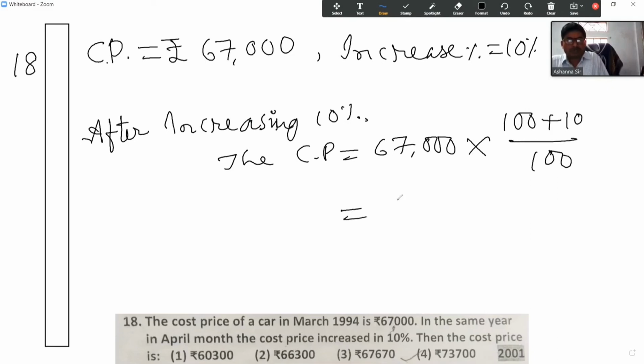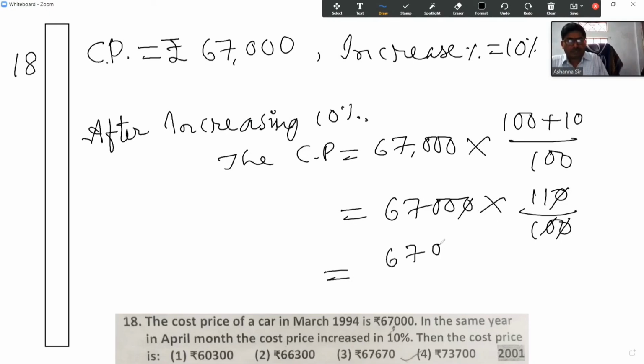So that is equal to 67,000 into 110 by 100. 1 0, 1 0 gets cancelled. This 0 and this 0. First we have to multiply these numbers.